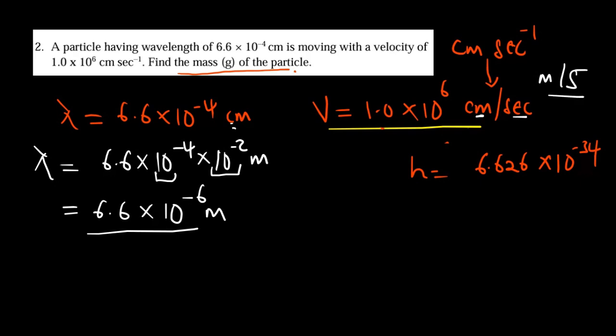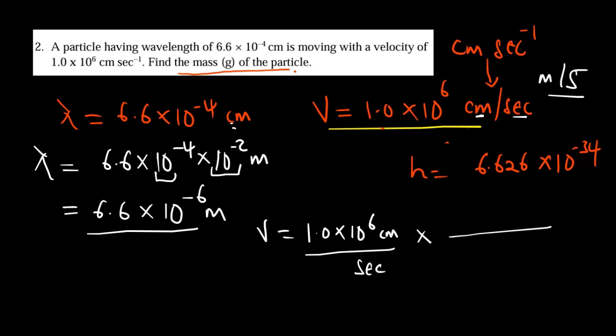So how do I do that? I use dimensional analysis. This is 1.0 times 10 to the power 6. I'll write centimeters here, and then divide by seconds. Then I'm going to multiply by, write a line here. The unit that I want to disappear from this equation is the centimeters, so I'll put centimeter down here. How many centimeters make up a meter?